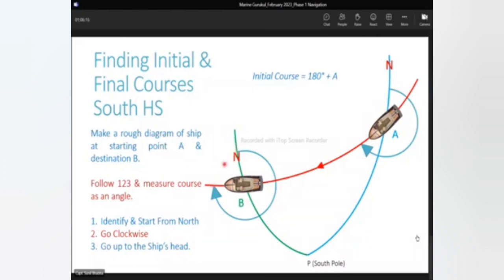Now once I know this angle B, the required angle for me would be 360 minus angle B. So 360 minus angle B gives me my required angle. The final course is thus given by 360 minus B.